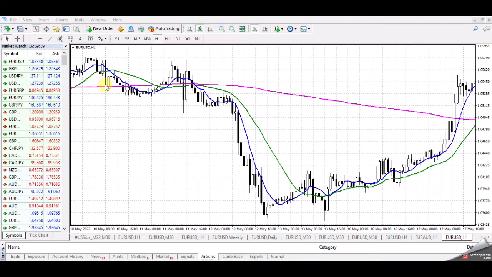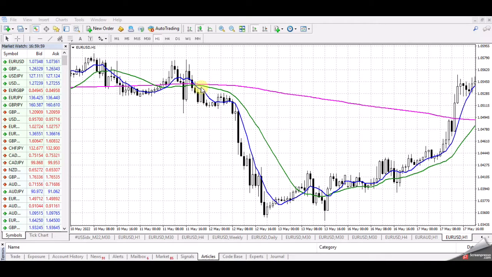When we are in a chart time frame where the 21 period moving average crosses at the downside the 200 period moving average, it's simple to trade if you are on the hourly chart, because you have to wait for a white candle, then a black candle, and the market goes down.